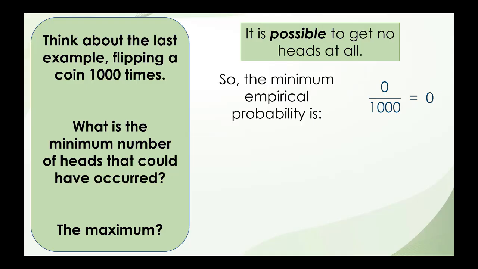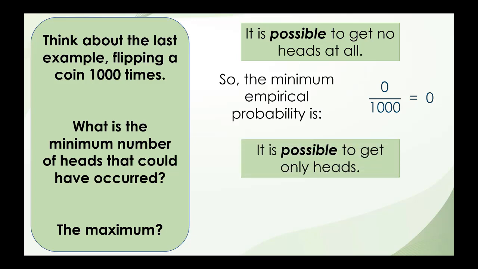And on the flip side of that, no pun intended, it's possible that every time we flip the coin, it came out heads. Again, not likely, but there is a possibility for that to happen.